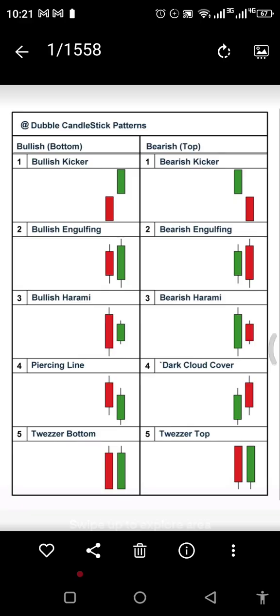For example, the bullish kicker, it's rare you see it in the market, but the bullish engulfing you see almost at some time intervals, which is a very good signal.